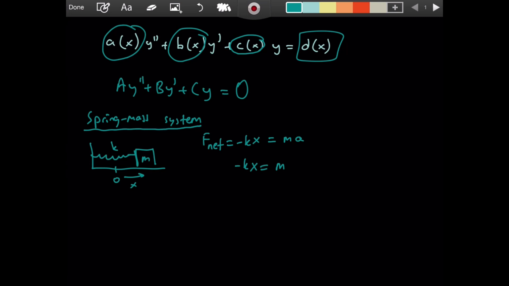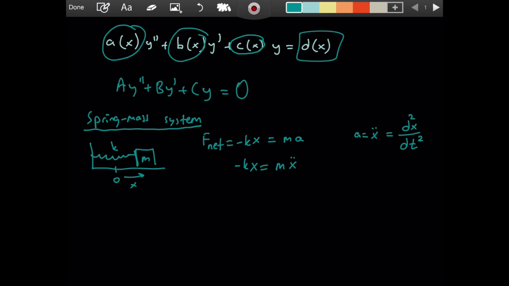So it is x prime you could say, but the more conventional way of writing it is by putting two dots on top of x, right? This x double dot is equal to acceleration. It means the second time derivative of position. This is by definition, okay?